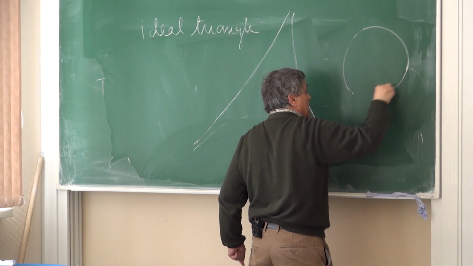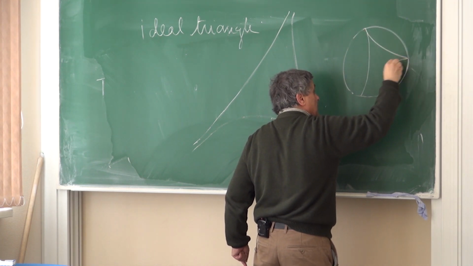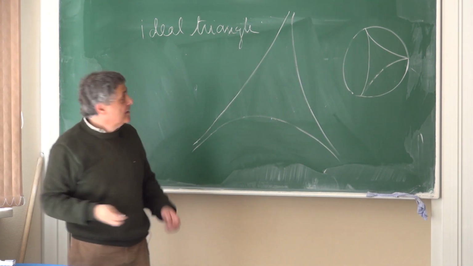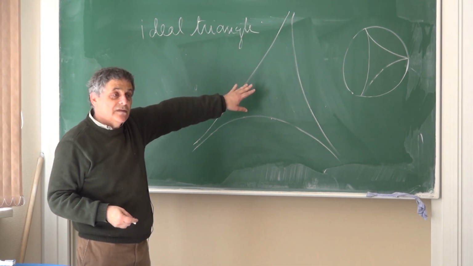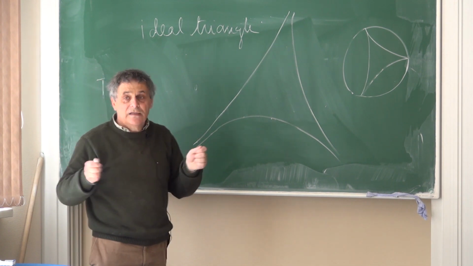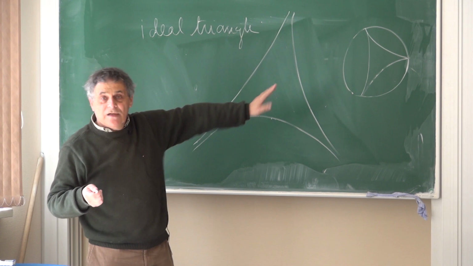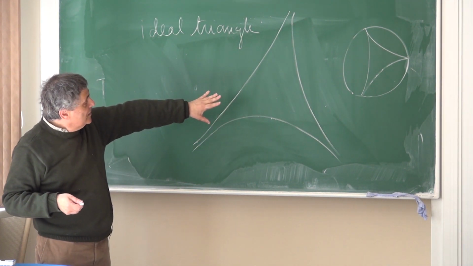You can think of it in a model, but you're not obliged to, because Lobachevsky knew a lot of things about ideal triangles. He also worked with ideal tetrahedra in three dimensions and so on, without using any model.